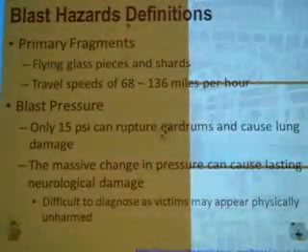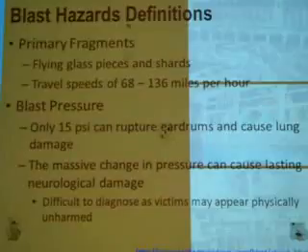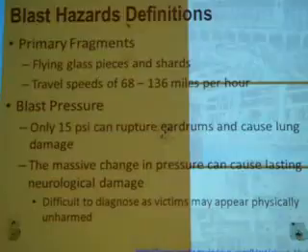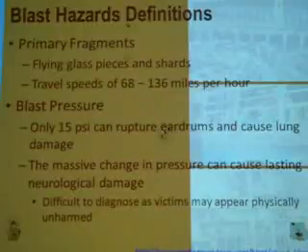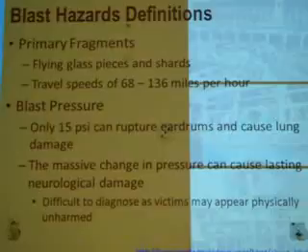The main hazards of the bomb blast are primary fragments from the bomb that can move at a speed of 68 to 136 miles per hour, and the pressure of the blast wave is very high. Massive pressure can cause building damage, and only 15 pounds per square inch can rupture eardrums and cause permanent lung damage.